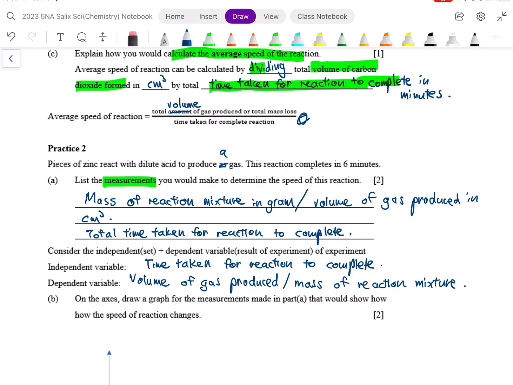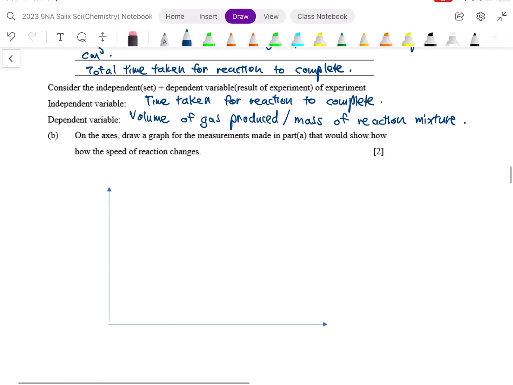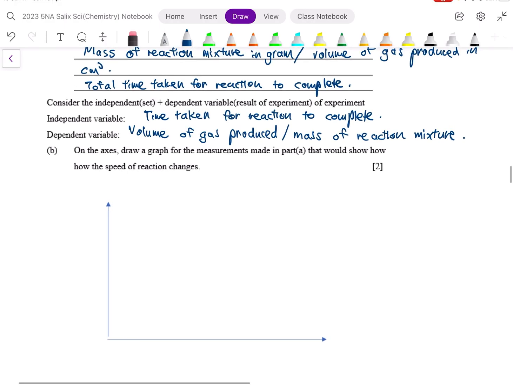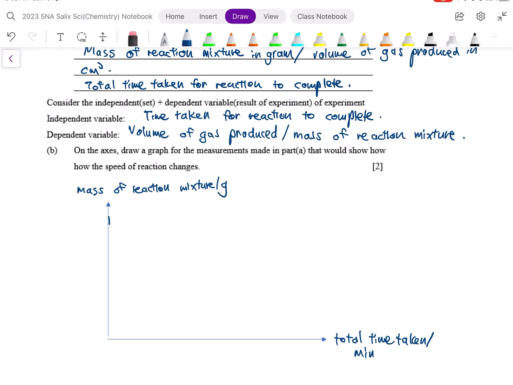Then once again, you are asked to draw a graph for the measurements made in part A that will show the speed. Let's say I want to draw the mass of reaction mixture, in grams, over the total time taken. Always remember to put in the units, in minutes. It will be this kind of graph, the downward curve kind.